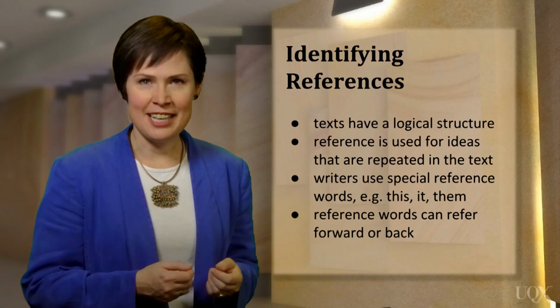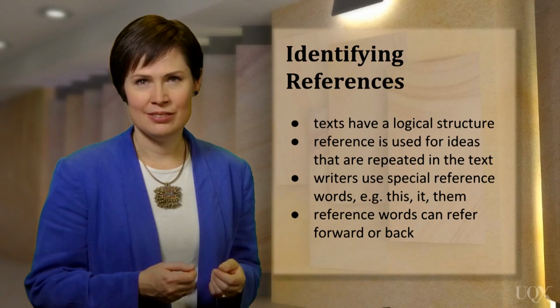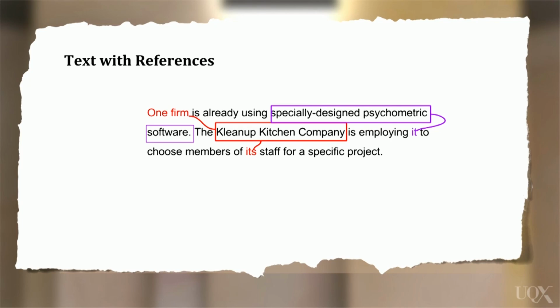Let's take a look at an example of how reference is used. In this example, you can see how reference words have been used to show that information is being repeated. These reference words may come before or after the person or thing that it's being referred to. As you can see, one firm refers to the clean-up kitchen company, so the reference comes before the name of the company is given.